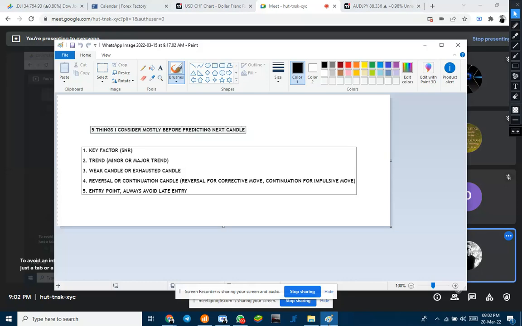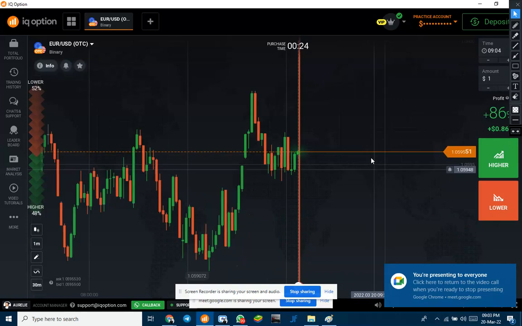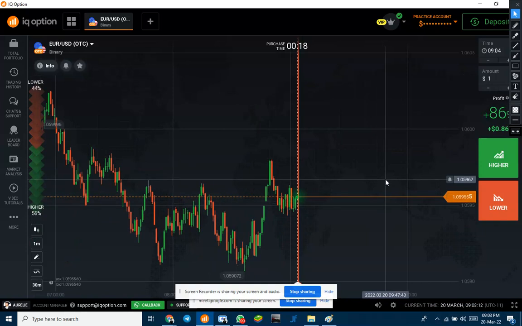So the first step I mentioned here is the key factor. When I talk about key factor, I'm talking about SNR. SND is not exempted, but basically this is binary trading.